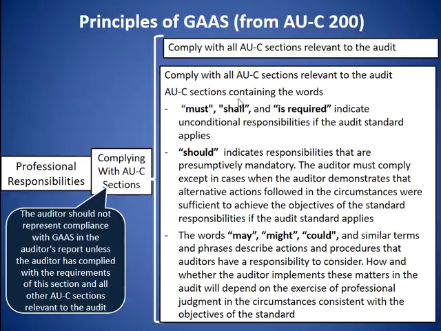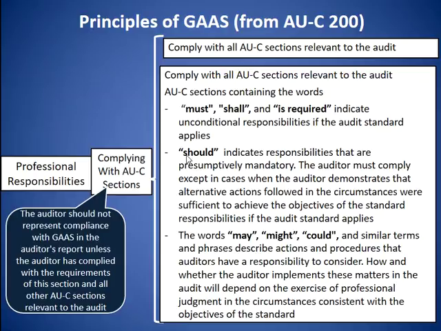The sections containing the words must, shall, and is required indicate unconditional responsibilities if the audit standard applies. In other words, if that audit standard actually applies, you have no choice. You have to apply that audit standard and any of the procedures it requires.